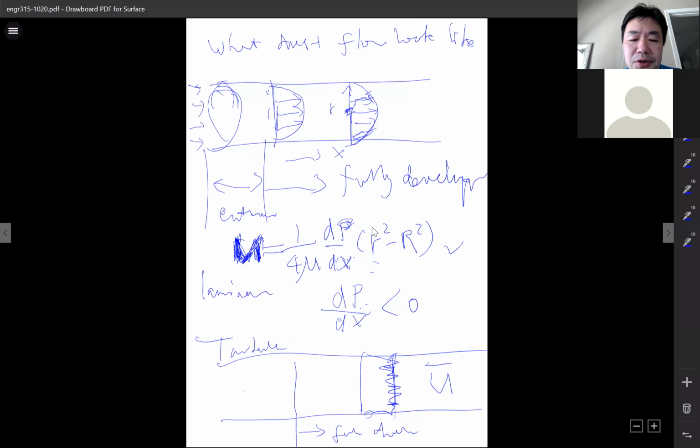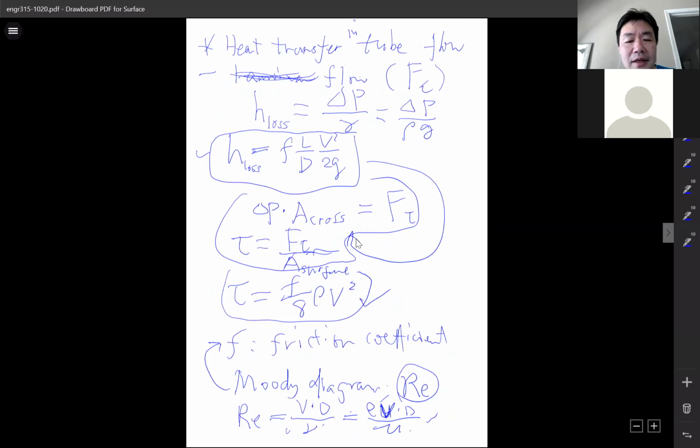So for the in-tube heat transfer, we talked about the flow and the heat transfer, right? Give you a quick review. Flow is important because we are always concerned about the frictional loss, so we need to calculate the shear force, the drag force. There's one equation you probably need to remember.